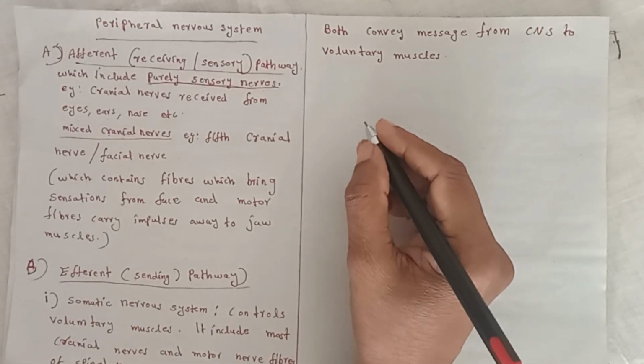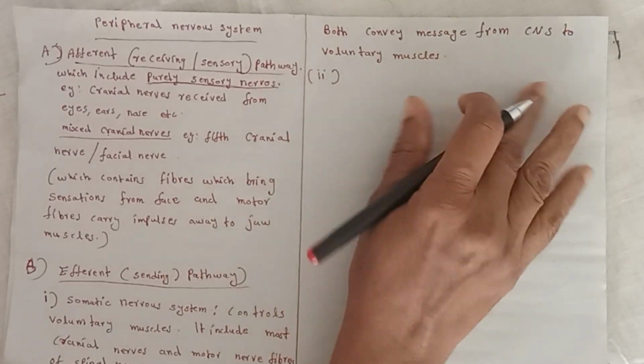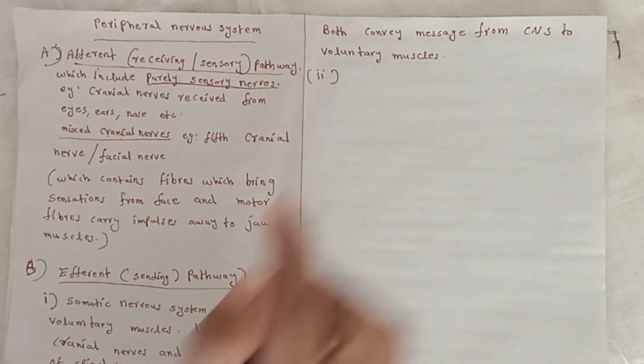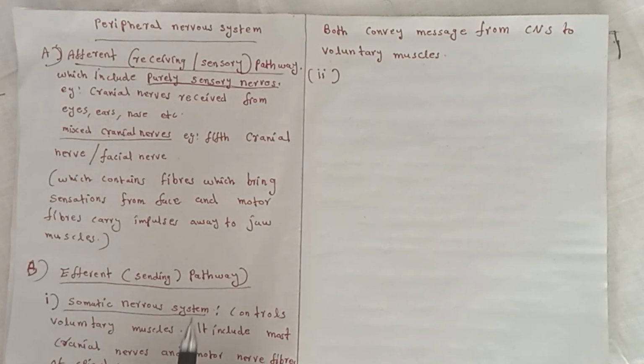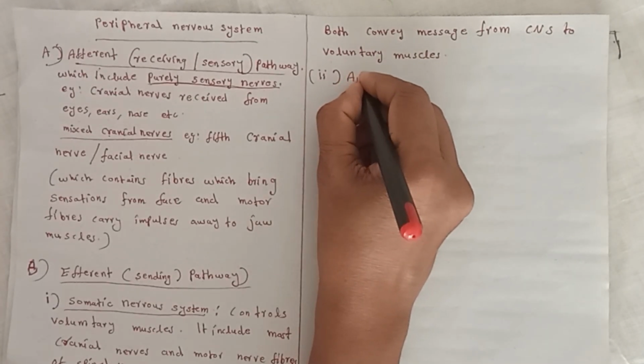Next part of the efferent pathway is the autonomic nervous system. First the somatic nervous system, then second the autonomic nervous system.